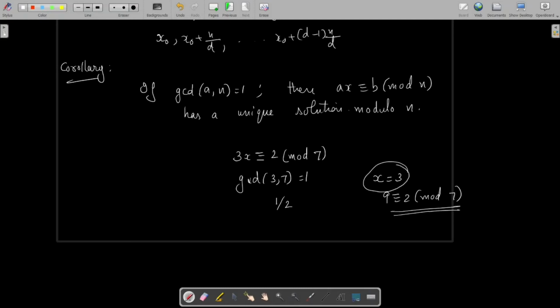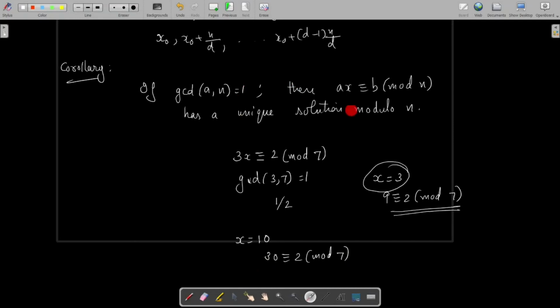So x equal to 3 is a solution of this linear congruence. But you may see that this linear congruence has other solutions also. For example, x equal to 10 is also a solution, because 3 into 10 is 30, which is congruent to 2 mod 7, because 30 minus 2 is 28. 28 is a multiple of 7.